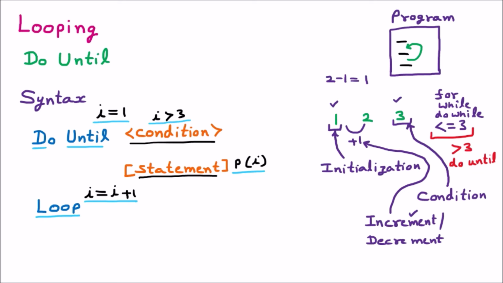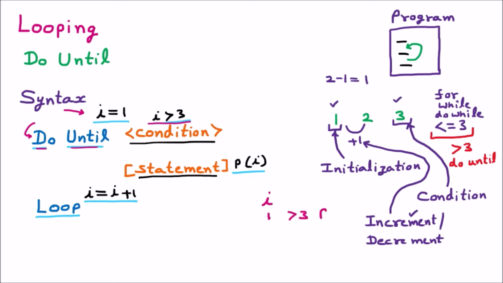Now we are understanding how this do until works. First of all, I is initialized. So here one variable I is declared and initialized with 1. Then afterward we are on the do until. Do until works for the false values only. So here we are checking I greater than 3. Is 1 greater than 3?